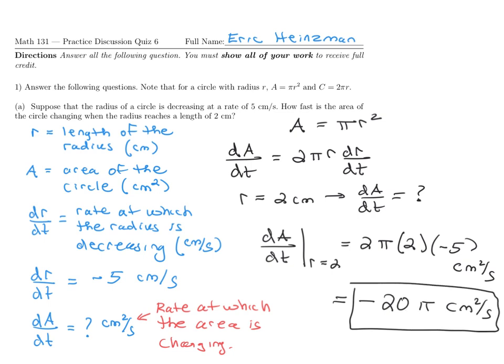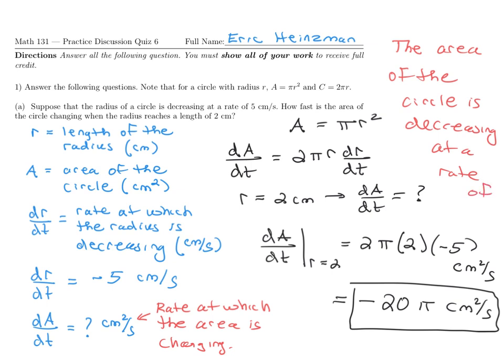So to put this all together, here's the exact answer. The area of the circle is decreasing at a rate of 20 pi square centimeters per second.